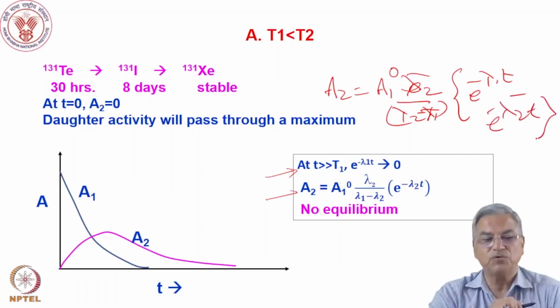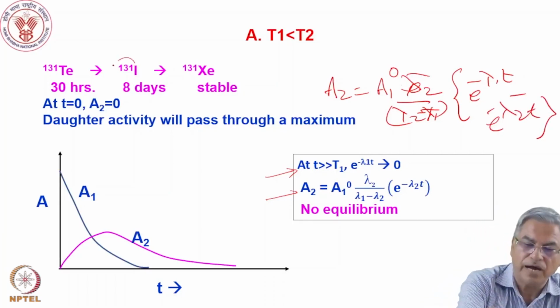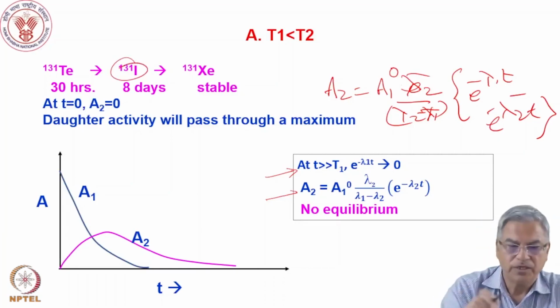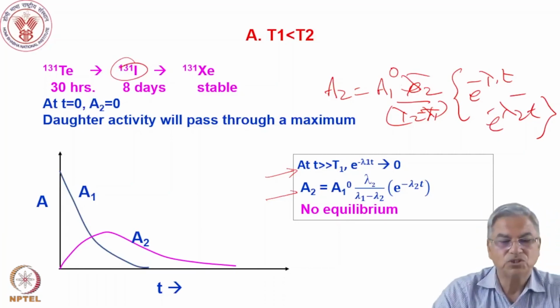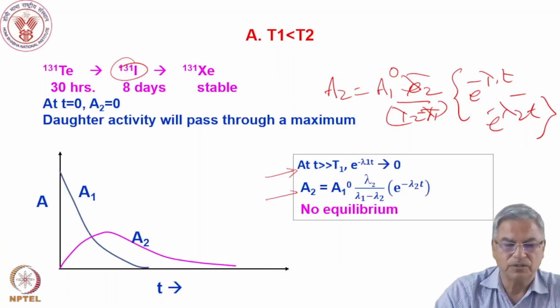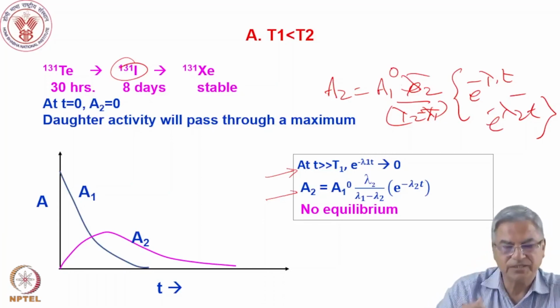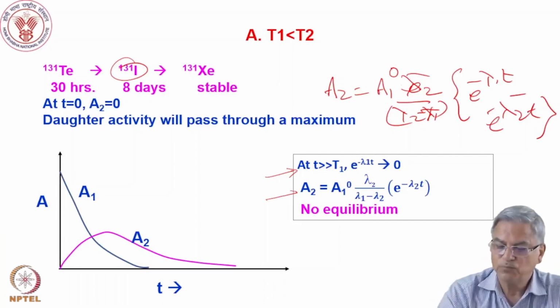This is the generalized equation for the activity of iodine-131. Now, here tellurium-131 is short-lived than iodine-131. So the activity of tellurium-131 will decay faster than the growth and decay of iodine-131. So what happens? Let us put this condition here.